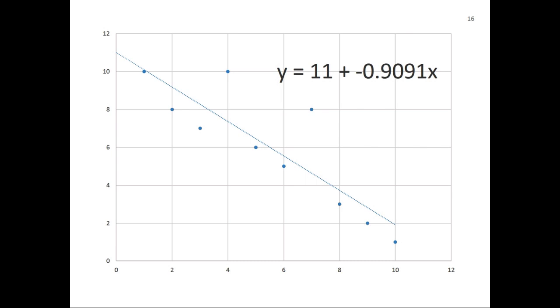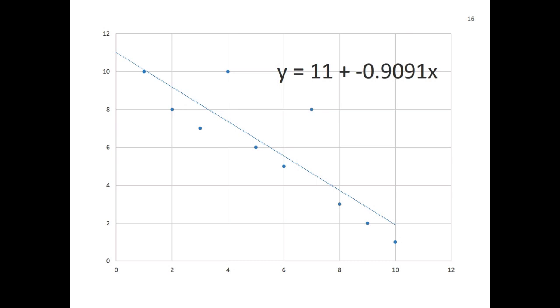And you can see that in the chart, that we start at the intercept. We start when x is 0, y is 11. And then when x goes up by 1, y goes down by 0.9091, close to 1. Then we can see when x goes up by 1, y goes from 11 to almost 10.